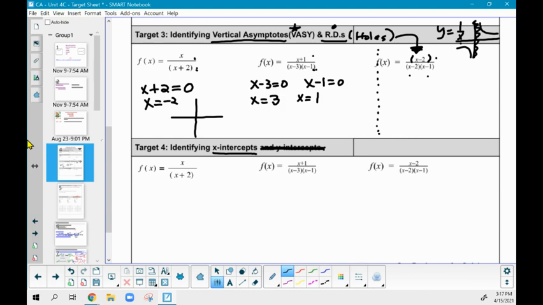I'm not going to do the wings or the branches, but we would go to -2 here and drop a vertical dotted line in, so that when I start drawing my curve eventually, I know I can't touch that. Over here though, we have to be a bit more careful because we're going to have one at 1, but also at 3.